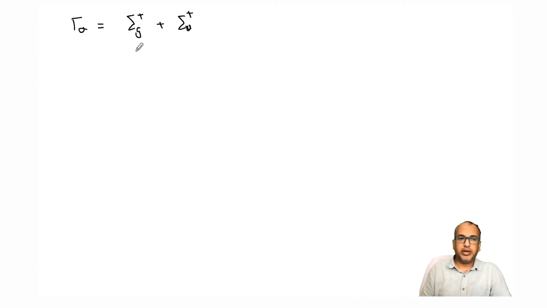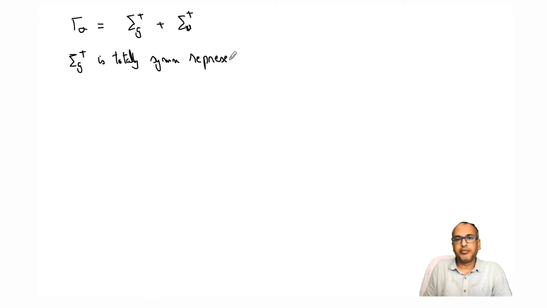Now, sigma G plus is a totally symmetric representation. Sigma G and sigma U are Mulliken symbols, and remember that in infinity point groups we have different Mulliken symbols, so that's why I've written this. You can go back to the discussion of Mulliken symbols and see what it means for sigma G and sigma U plus. All the rules were described earlier.